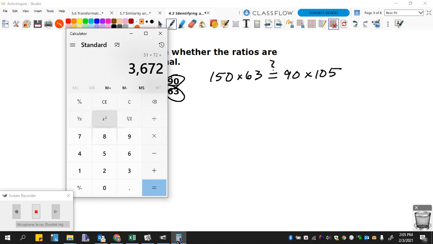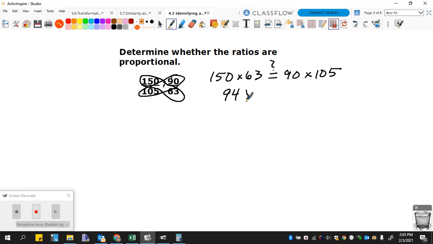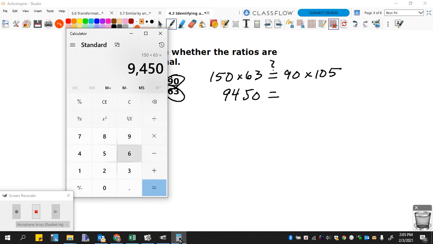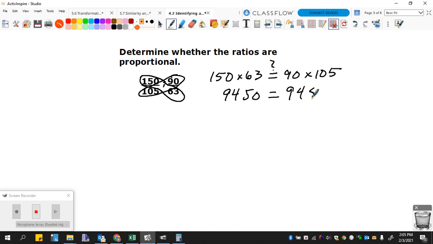So 150 times 63 is 9,450, and 90 times 105 is also 9,450. We end up with the same number, so these are proportional.